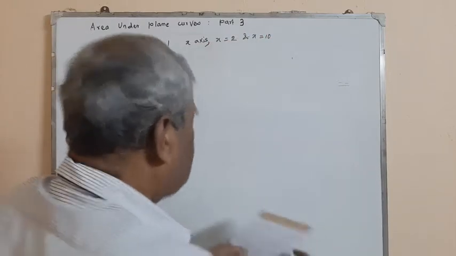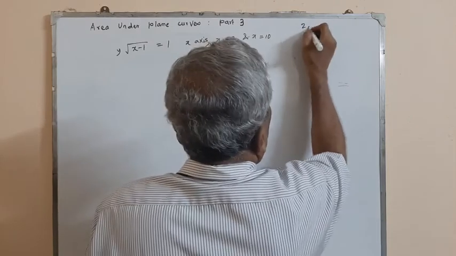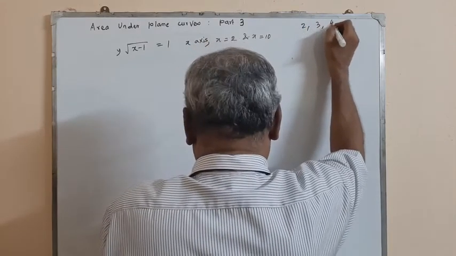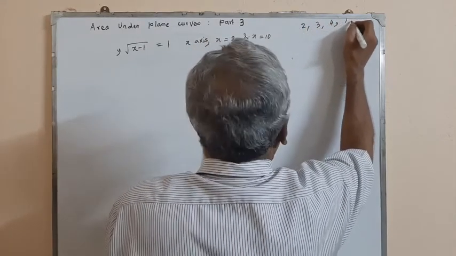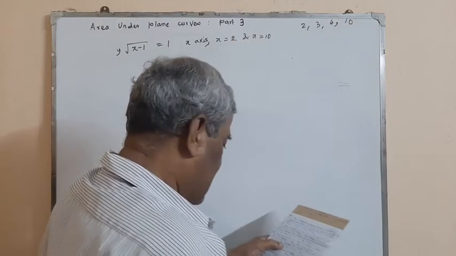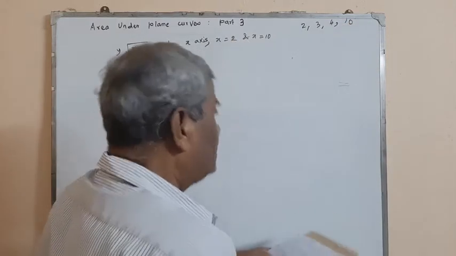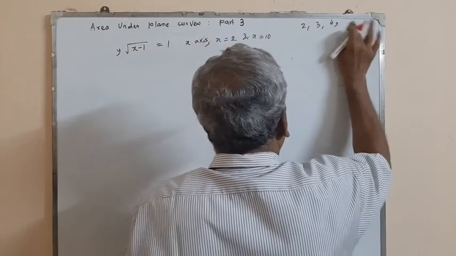Options are 2, 3, 4 and 10. 2, 3, 4 and actually it is 6, not 10.